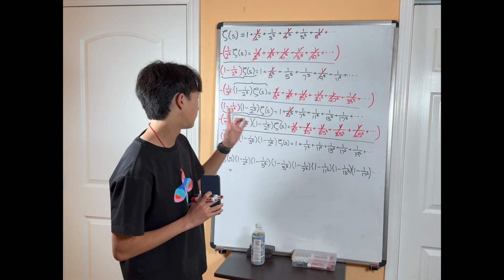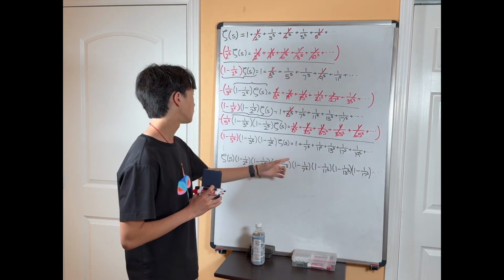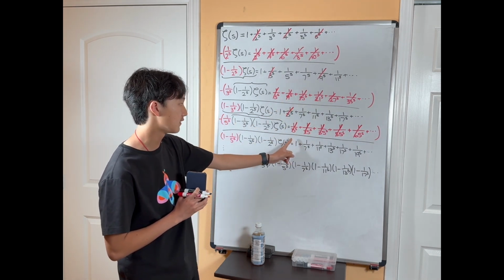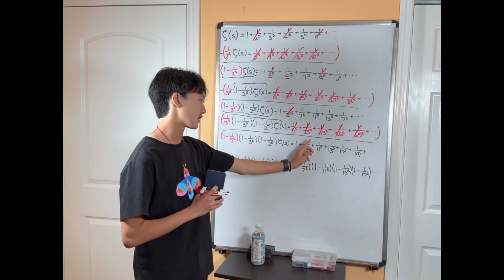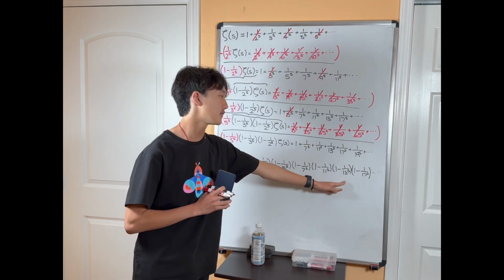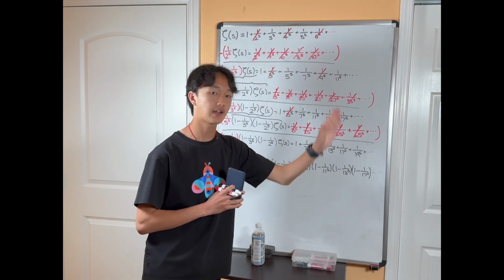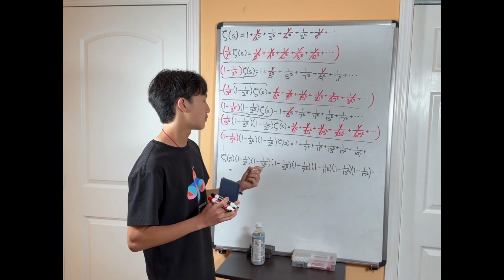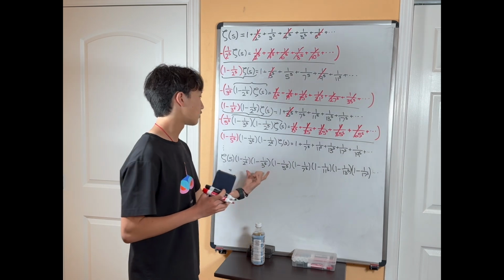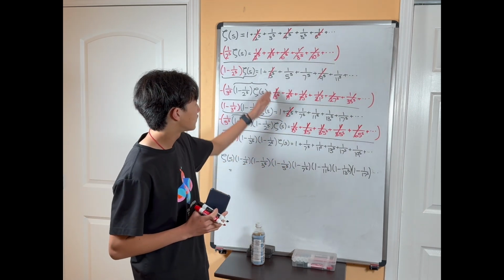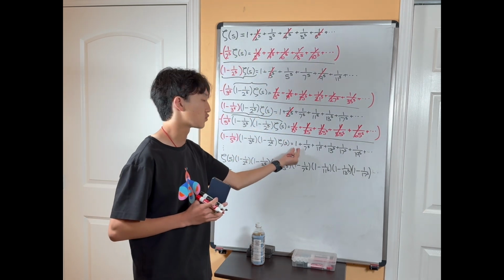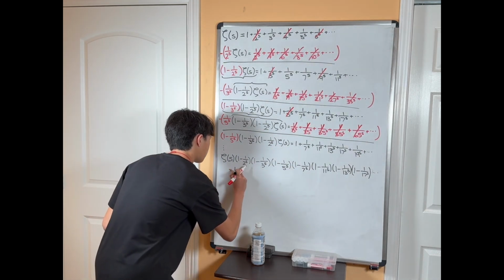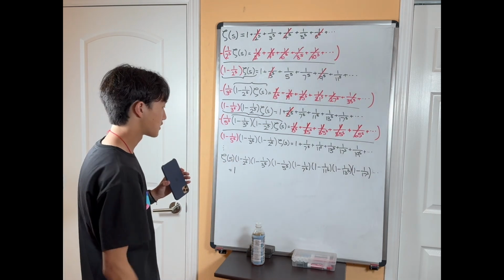Well, multiplying by 7 would have gotten rid of this, kind of like how multiplying by 5 got rid of this 1 over 5 to the s. Multiplying by 7 gets rid of this guy, 11 gets rid of this guy, 13 gets rid of that guy, 17 gets rid of that guy, and so on. So eventually, in the limit, all of these prime numbers get filtered out, and what are we left with? Well, the only thing that's going to stay consistent is this 1. So this 1 is going to be the only thing that's left on the right-hand side.